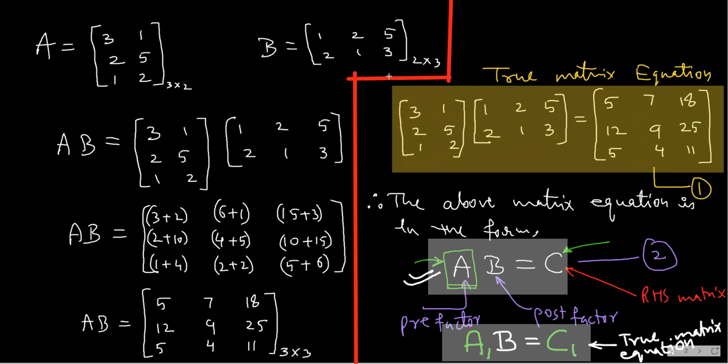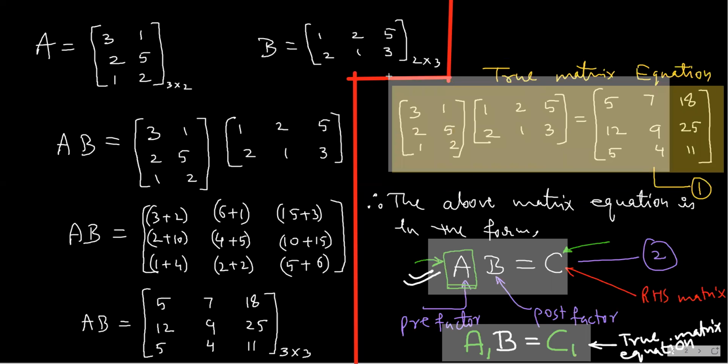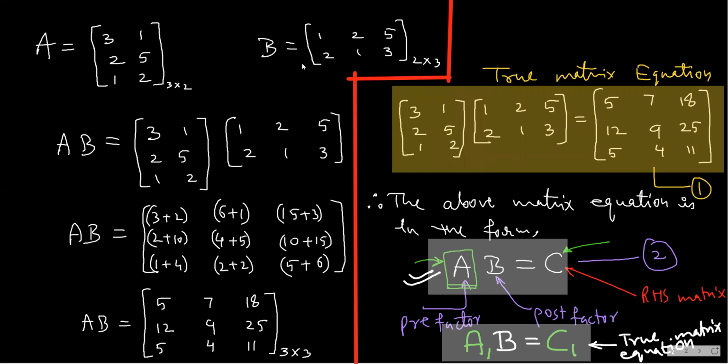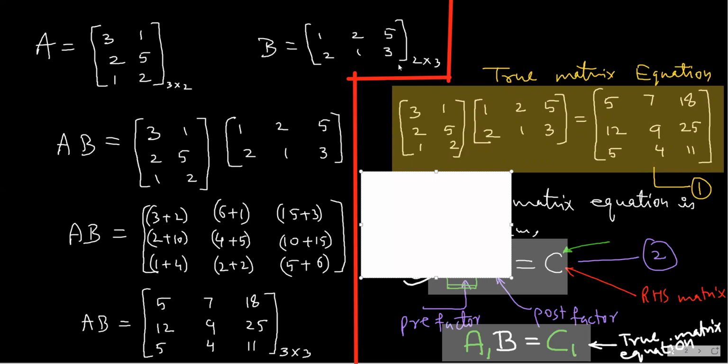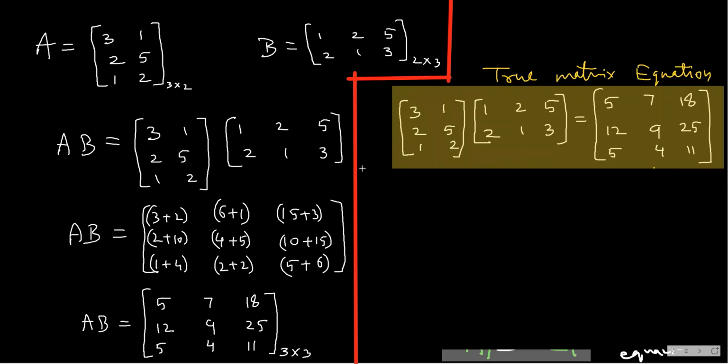We have one equation here, AB equal to C, A into B equal to C. So I will apply elementary row transformation on this and make you understand. For that, let me first remove all this.